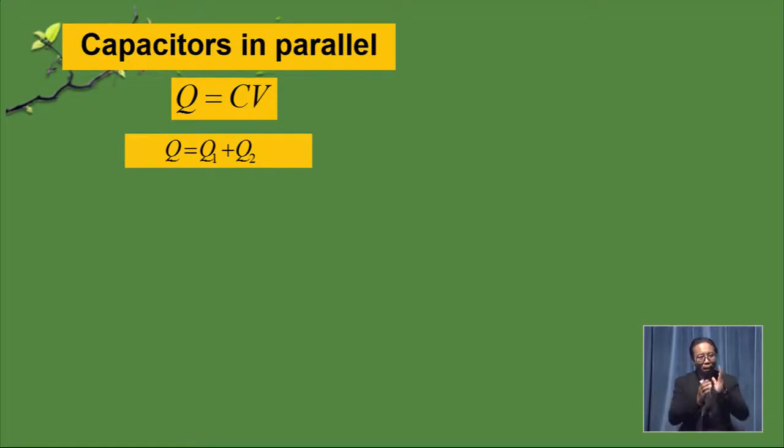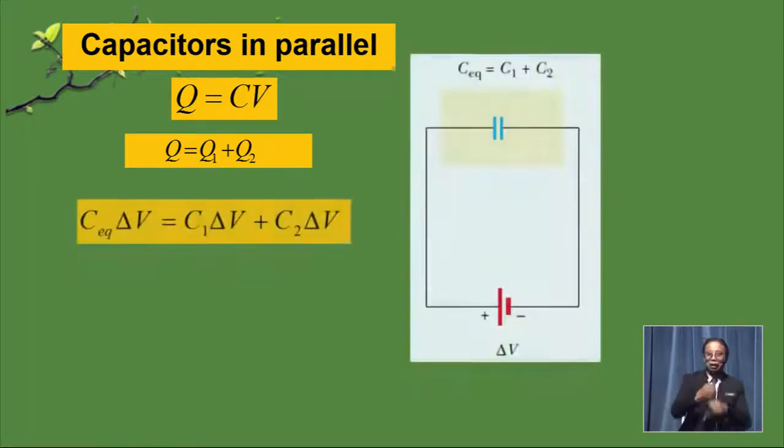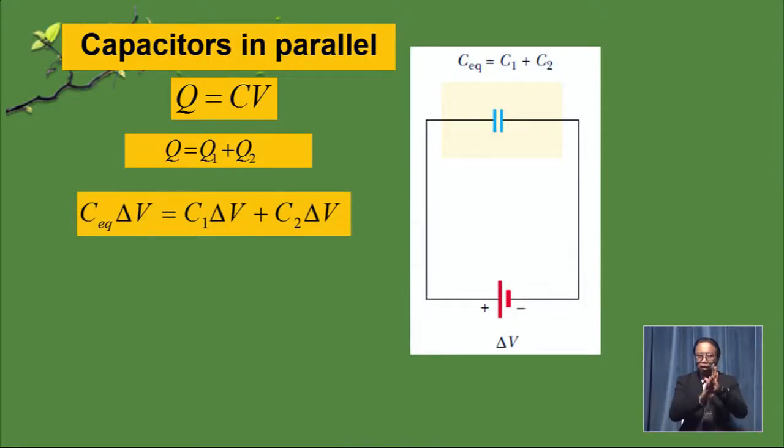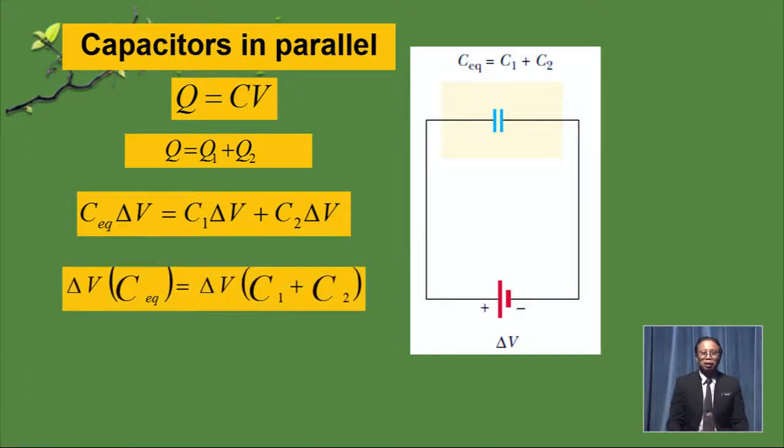Therefore, by substituting Q equals CV into Q equals Q1 plus Q2, then we can get C equivalent times delta V equals C1 times delta V plus C2 times delta V. Hence, delta V times C equivalence equals delta V times C1 plus C2.